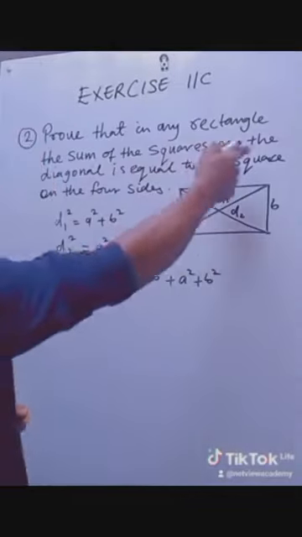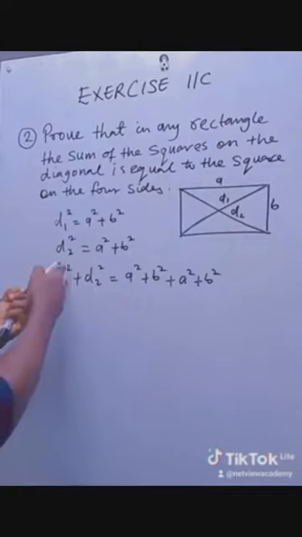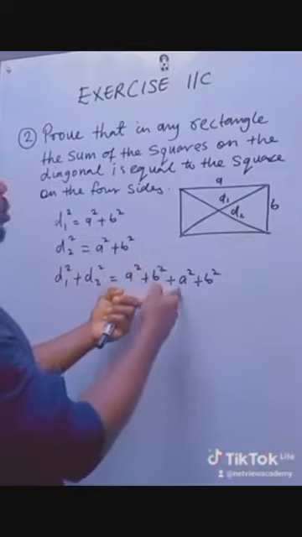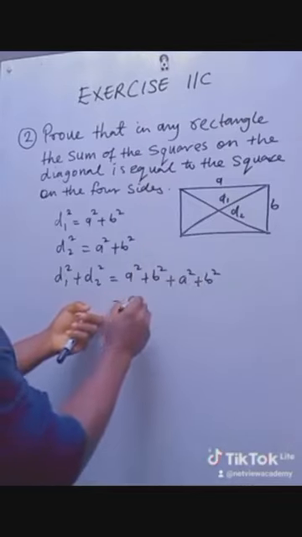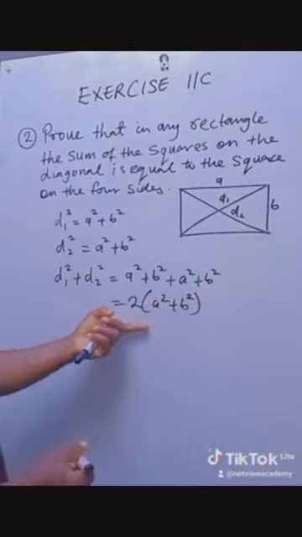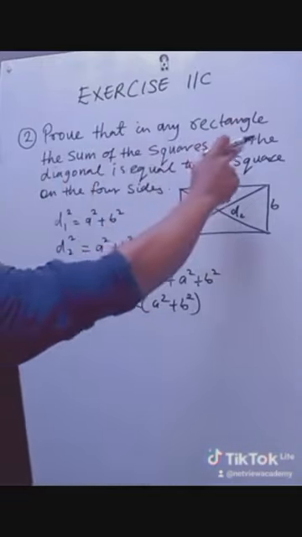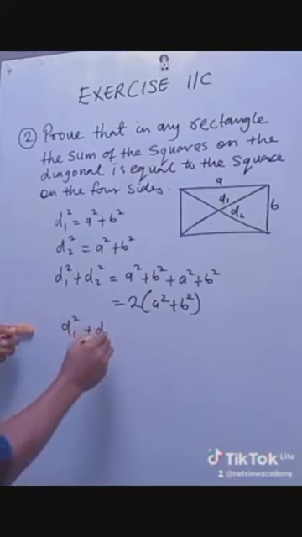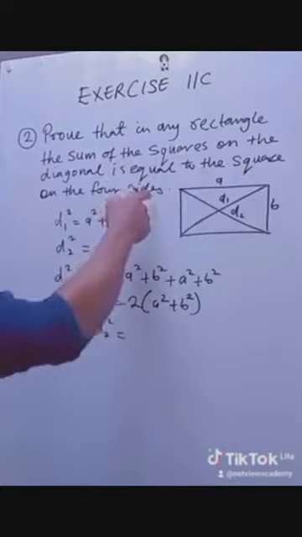Therefore, the sum of the squares on the diagonals, which is D1 squared plus D2 squared, is equal to A squared plus B squared plus A squared plus B squared. And this value is the same as 2 times A squared plus B squared. The question says, prove that in any rectangle, the sum of the squares on the diagonals, which is D1 squared plus D2 squared, is equal to the sum of the squares on the 4 sides.